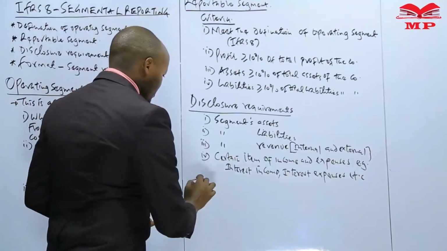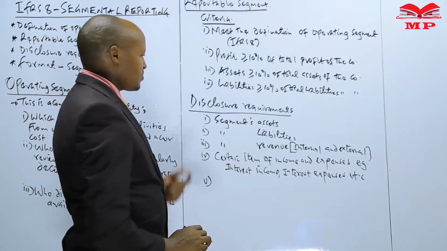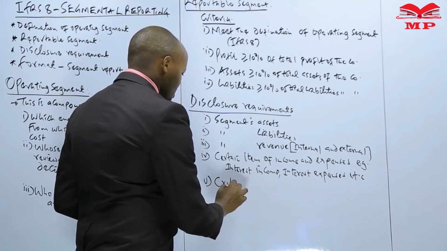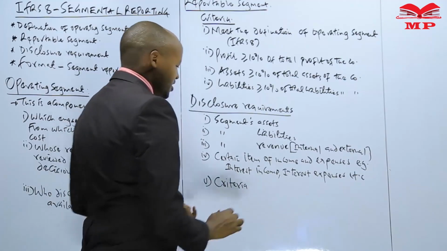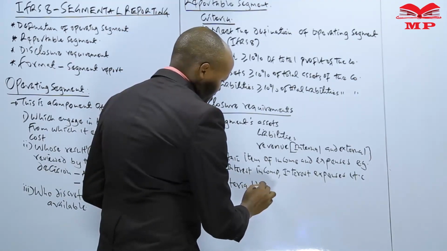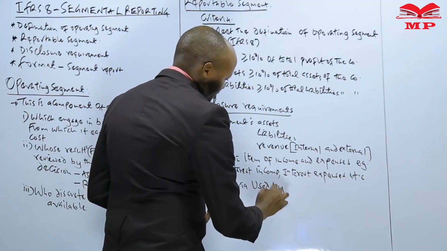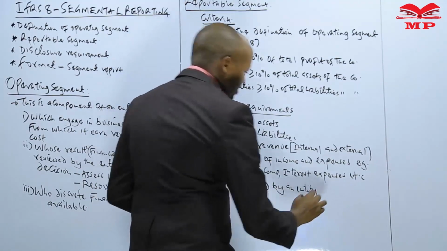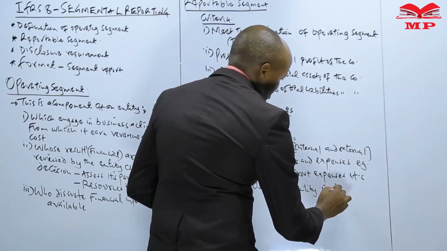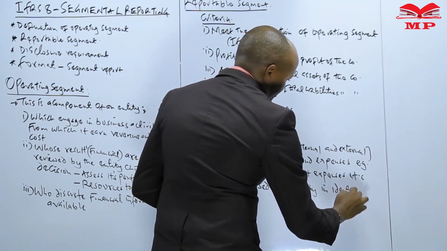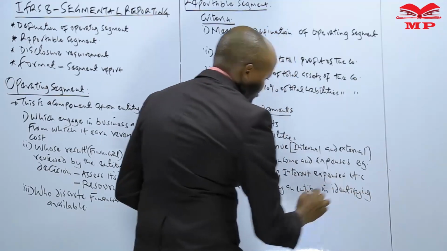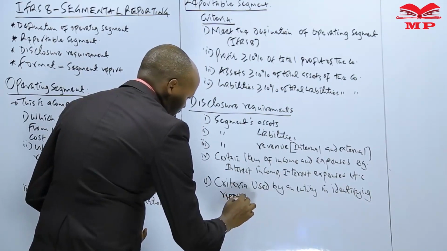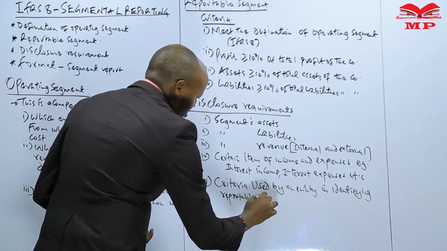and so on. Now, the other information which will also need to be disclosed by the company when preparing the segment report is the criteria used by an entity in identifying reportable segments.